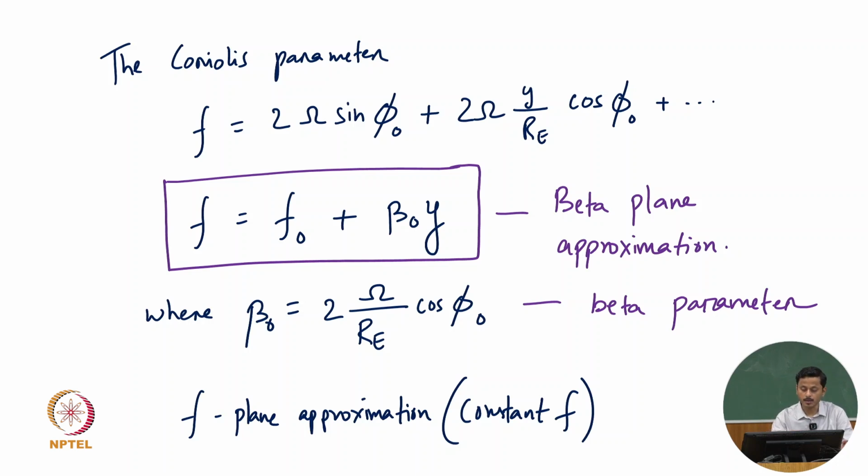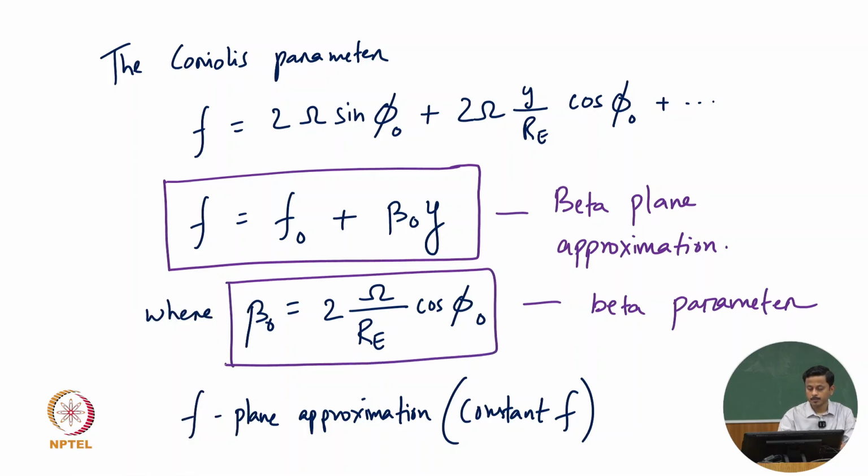And the small parameter that includes the effect of this change in f is the beta parameter, beta naught. RE is the radius of Earth and omega is the rotation rate.